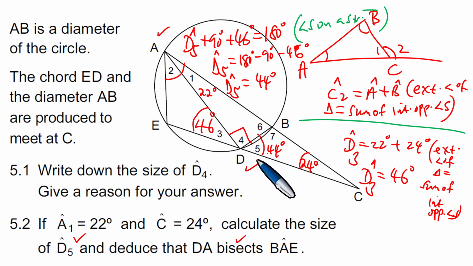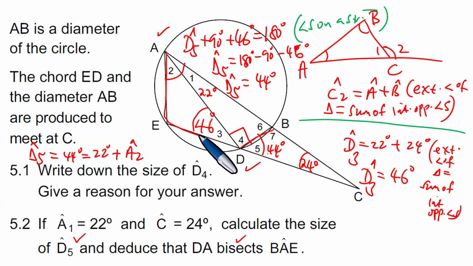In other words, the angle D5, which is 44 degrees, is equal to 22 degrees plus A2. So it's like the exterior angle.